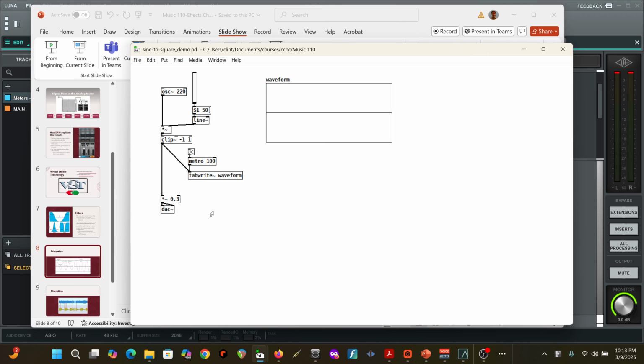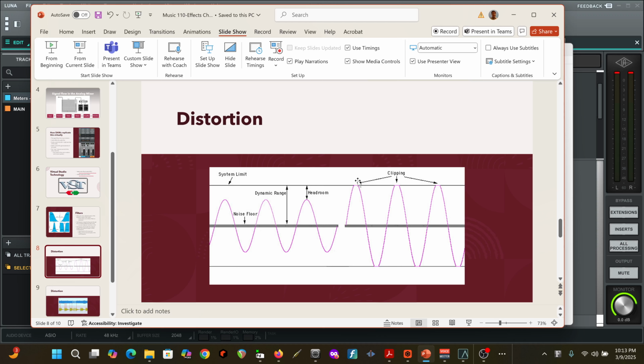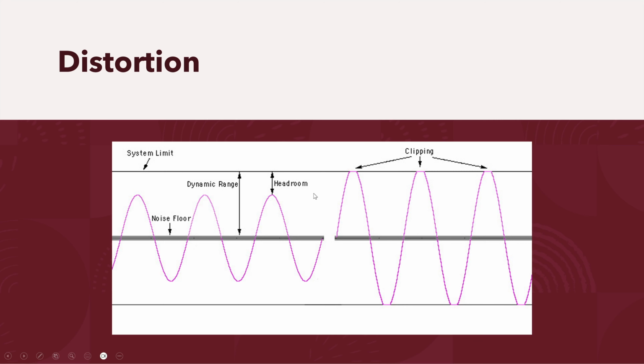So what I was just demonstrating was, if we're just to look at one single pitch, if you push the gain of that pitch beyond the headroom, you square off the peaks of the waveform. And what that does is it changes the overall sound.